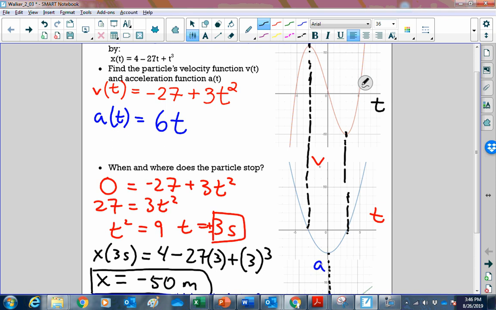So that corresponds to this spot right here, which is a minimum at this moment when the particle stopped.